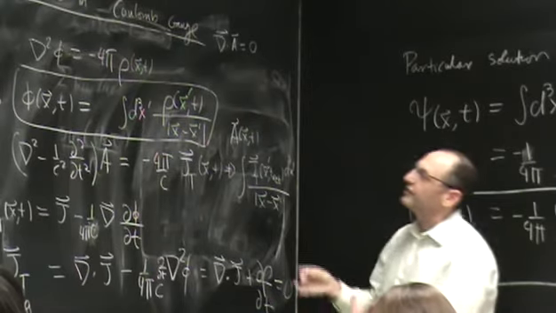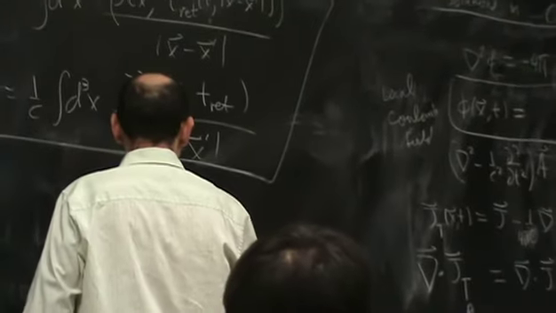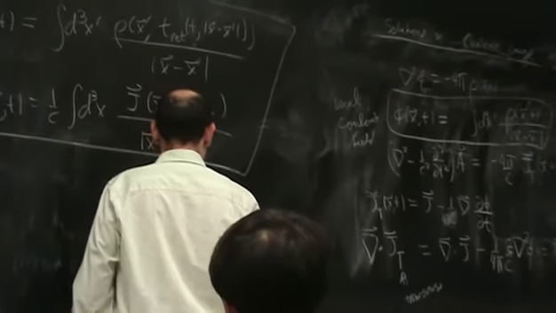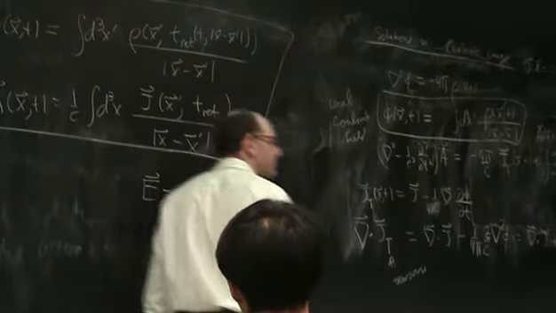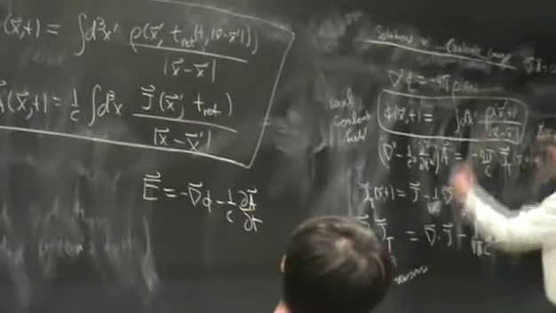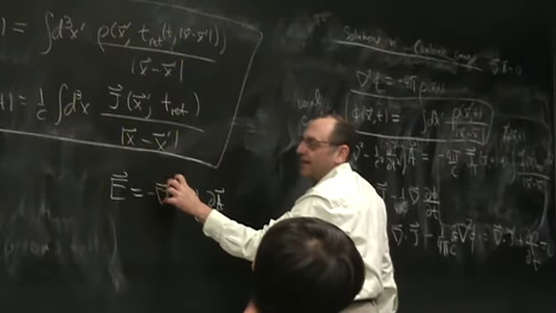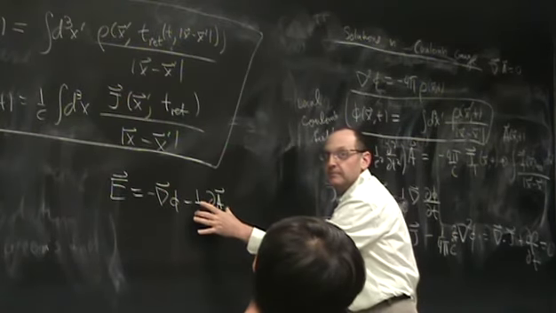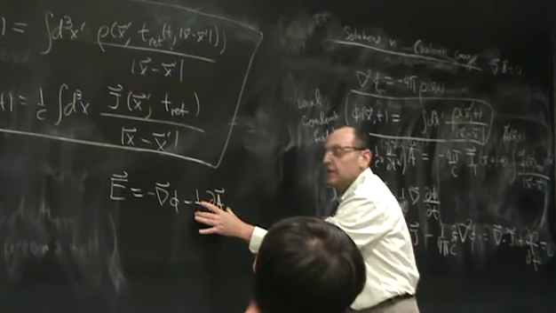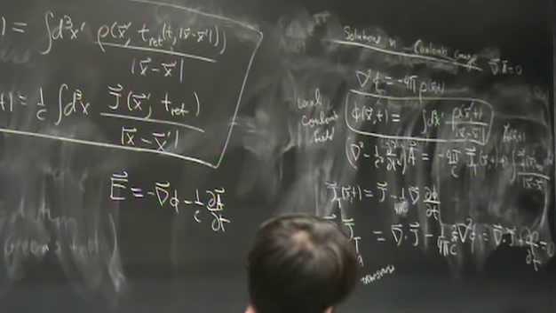But in some sense, as far as the electric field is concerned, which we said was related always to the scalar and vector potentials this way, this part, which is the gradient of phi, is the electrostatic part. And this part is the radiation part in the Coulomb gauge, which is why we like the Coulomb gauge.